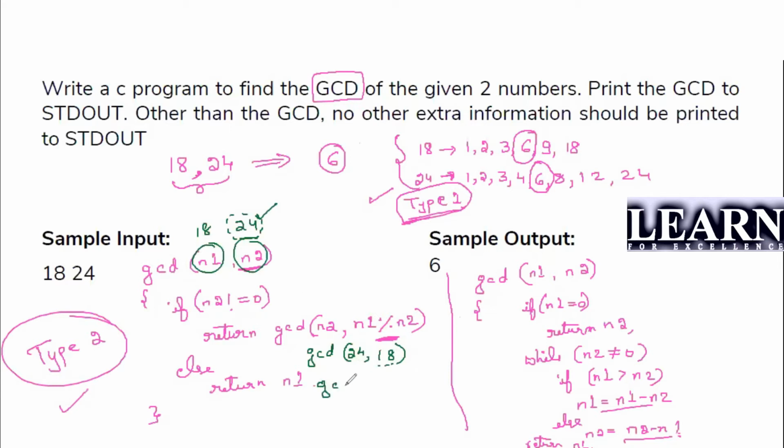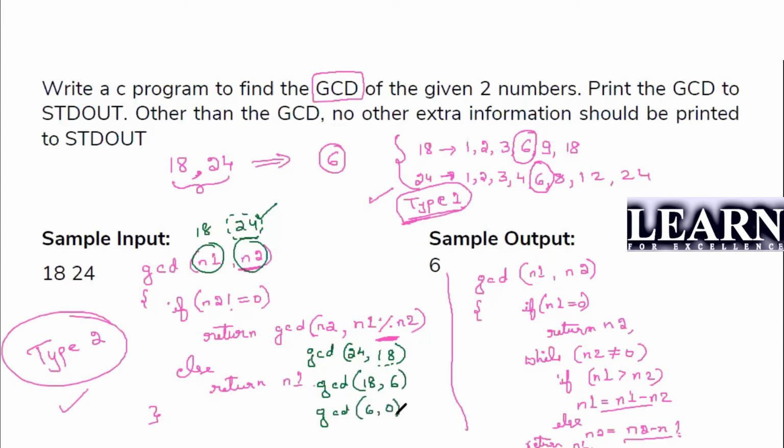You're going to call the GCD of 18 comma 24 modulus 18. What is 24 modulus 18? When you divide 24 by 18, you are left with remainder 6. Now we have 18 and 6. Next, when you call the GCD, this 6 will come over here, and 18 divided by 6, what is the remainder?